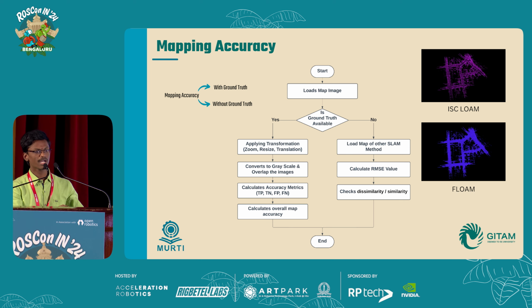For the 2D map, it's very easy: we have a ground truth image and a map image, so we just overlay them and do pixel by pixel matching. It's a basic way to calculate it, and we just give an accuracy value.